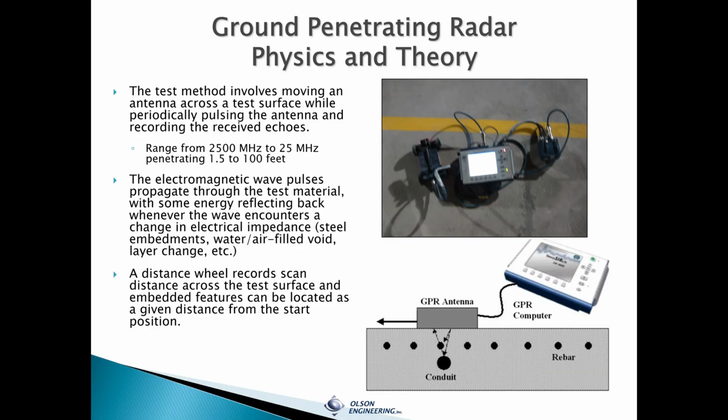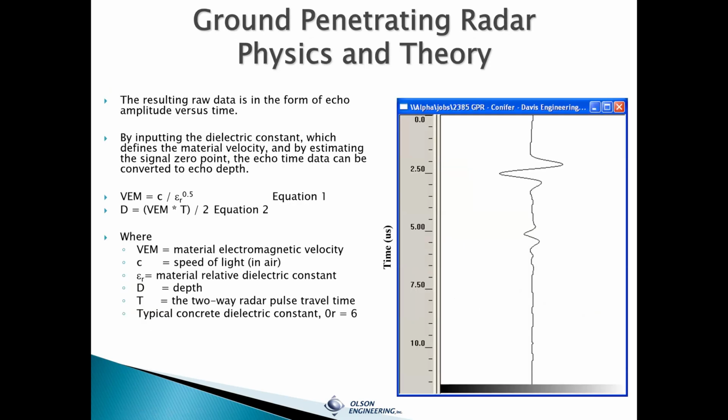As I mentioned, the antenna emits electromagnetic pulses that propagate through the test materials and reflect back at a change in impedance, which allows us to find the presence of things like embedments and voids. The system records the echoes along with the distance as the system's moved across the surface so you know where you're at.